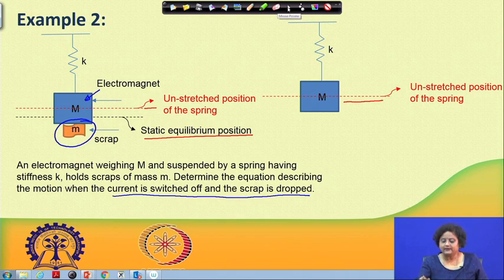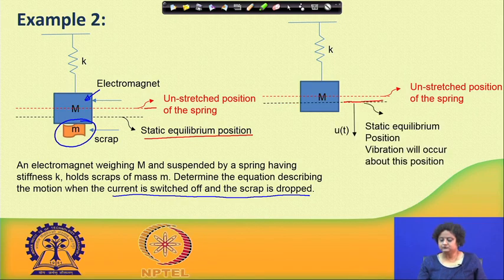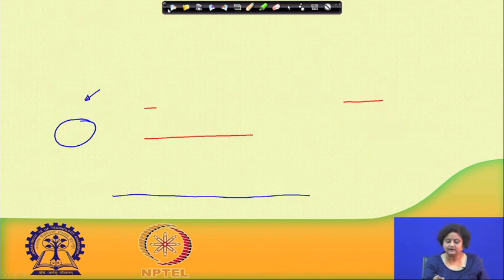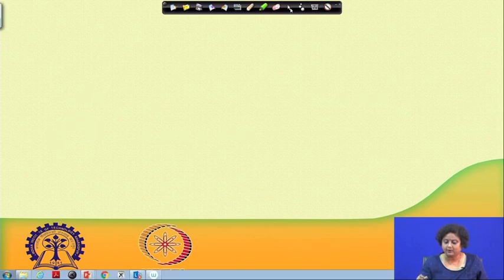Now, when the scrap is unloaded, the mass will move up and go to a new static equilibrium point.